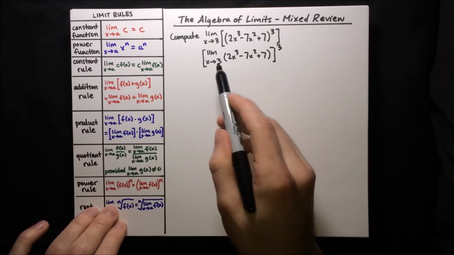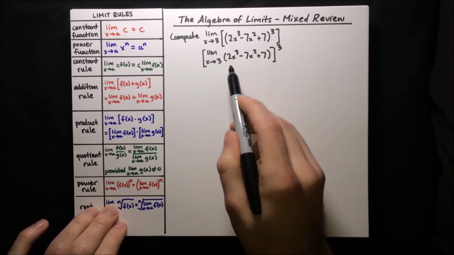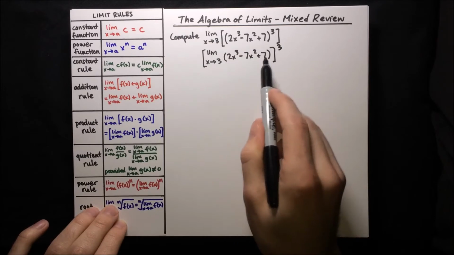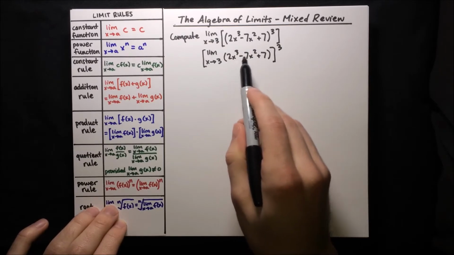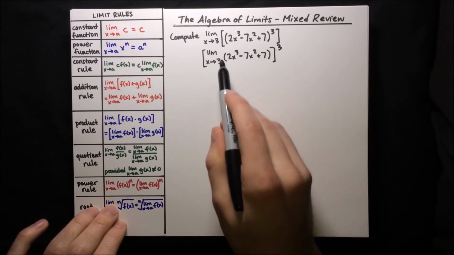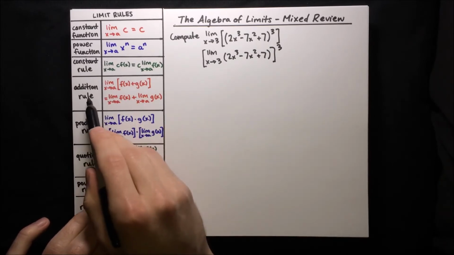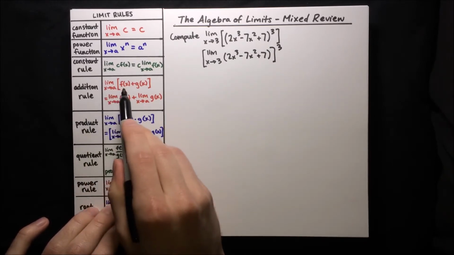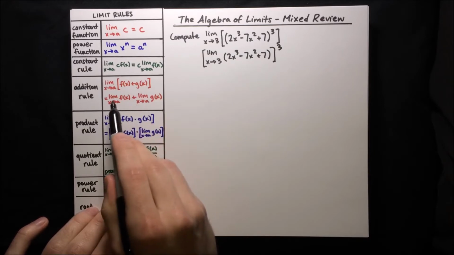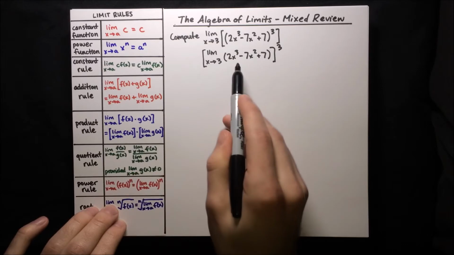however you want to think of it. Okay, so now we've got the limit of just this sum of terms, or difference, but really just plus negative 7. So it's just a limit of a sum of terms, and the addition rule says that when we have a limit of a sum of functions, we can just break it up over the sum. We can distribute the limit over the sum. So let's do that here.